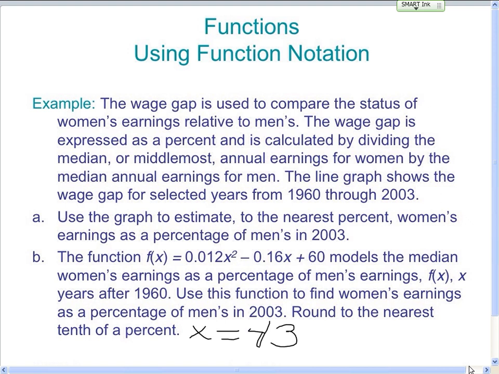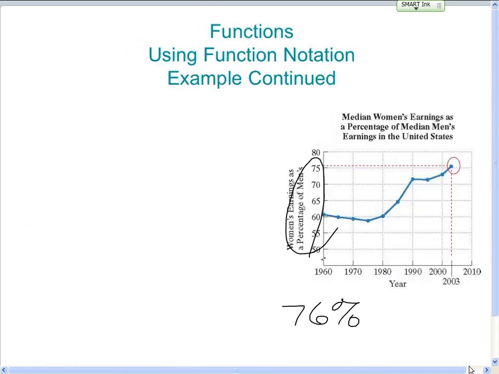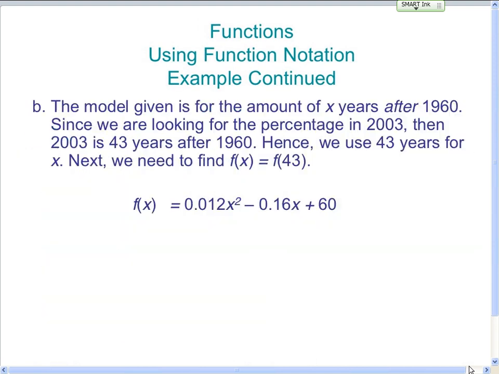We're going to take 43 and plug it in for x. Every time you see an x value, you're going to plug in 43. So where is it? Right here. You're going to take 43 and plug it in here, and plug it in there.